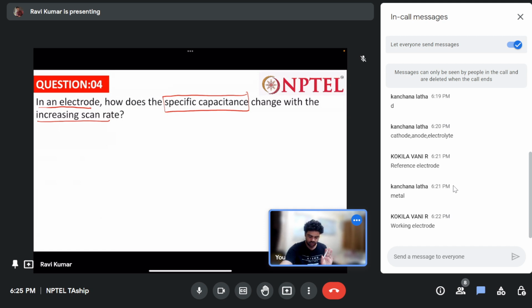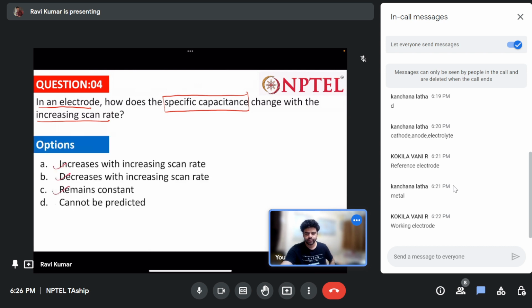These are the options: it increases, decreases, remains constant, or cannot be predicted. With scan rate, the specific capacitance will increase, decrease, remain constant, or cannot be predicted.